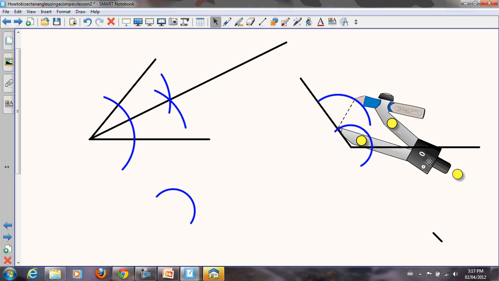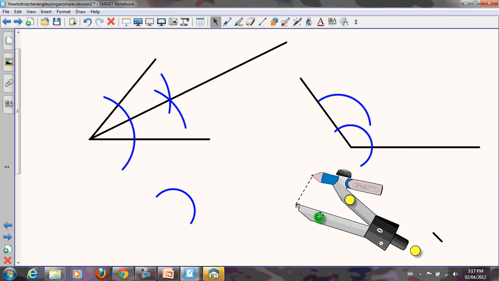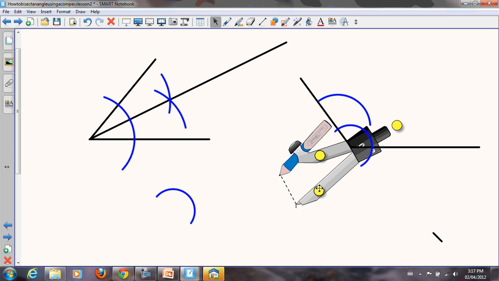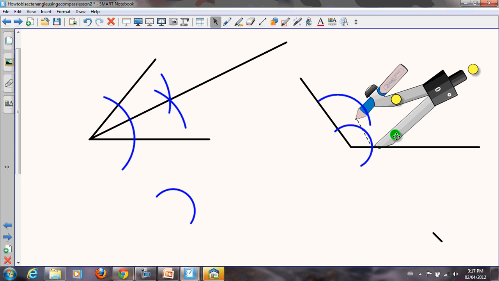Be very careful when you move the next thing because you do not want to change how wide apart your compass is. So now I've got to take it and move it right on the other side, right there where the arc meets the line.